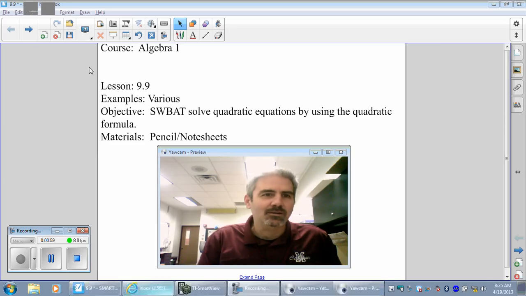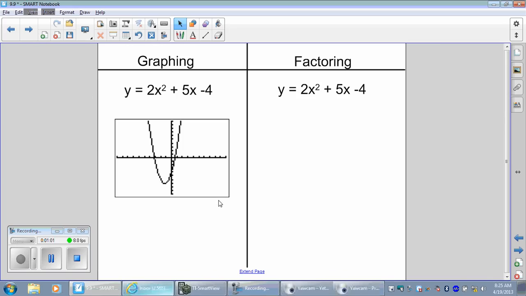All right, now let's look at something here for a second. The two methods we have already learned, one of them graphing and the other factoring. Now, how would you solve this by factoring?